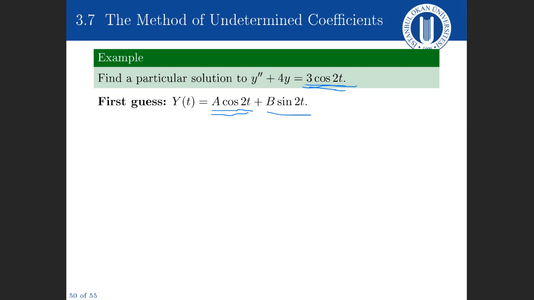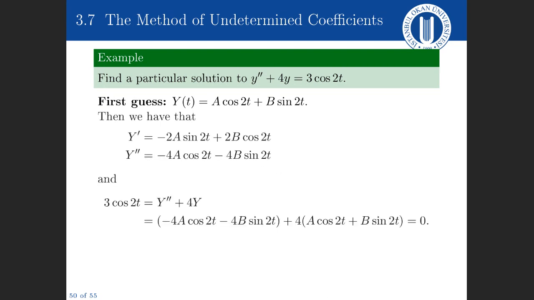So we guess we also have a number times sine. Now, I've said we have a problem, sometimes it doesn't work, and I'm saying this is the first guess. So this is a clue straight away that something's going to go wrong here. Let's try it.